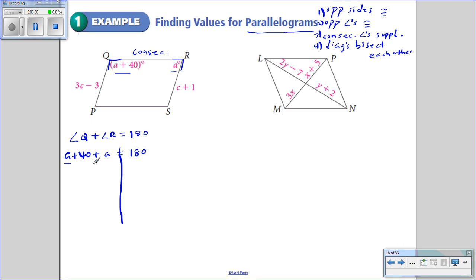All right, I have like terms here, so that's 2A plus 40 equals 180. I'm going to move 40 over by subtracting it. Those cancel. 2A equals 180 minus 40 is 140. And then divide both sides by 2. And A would equal 70.